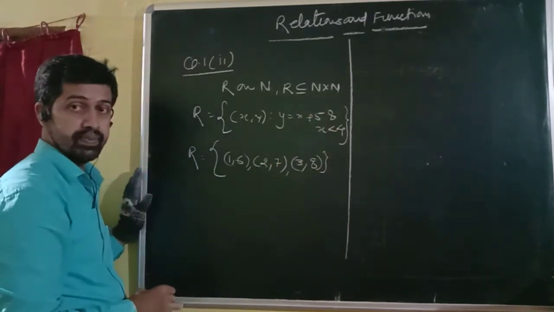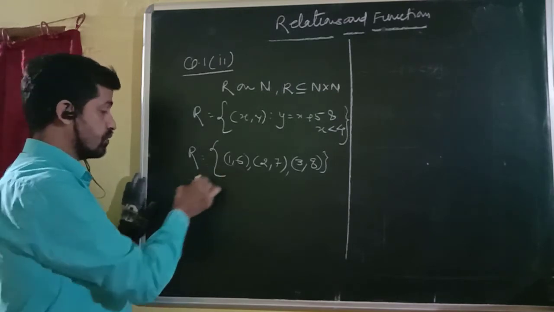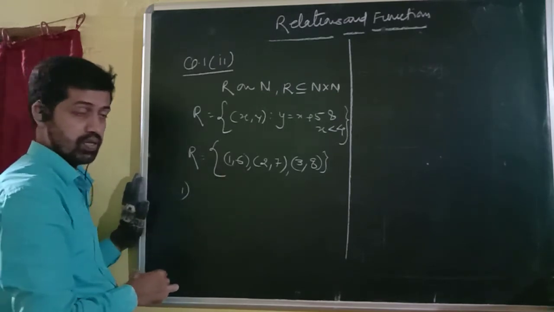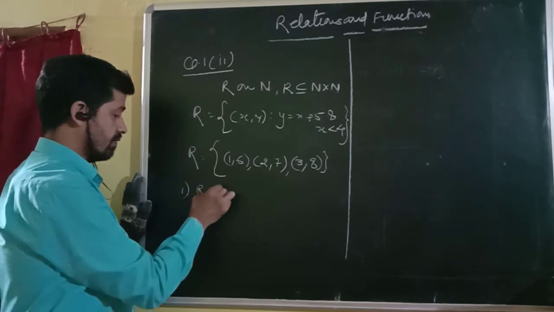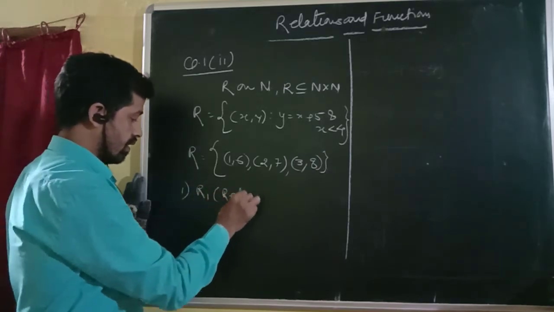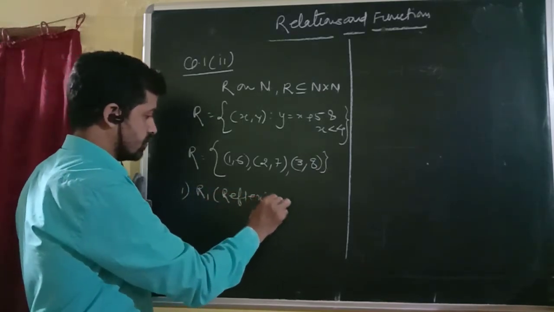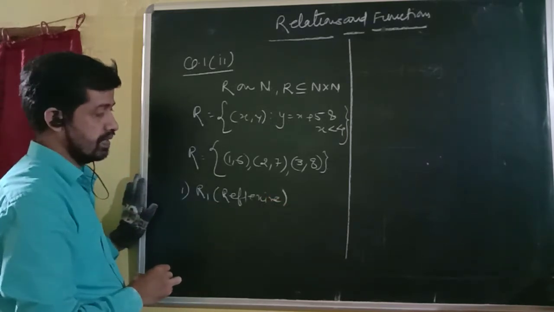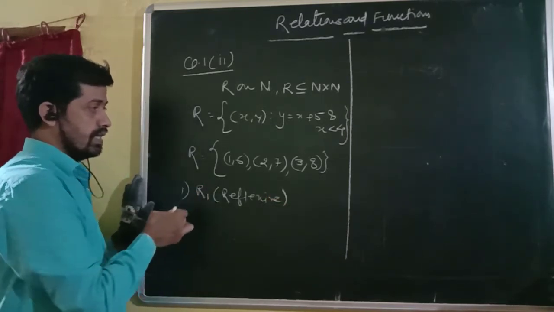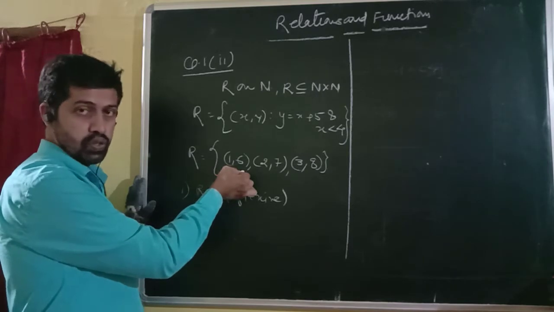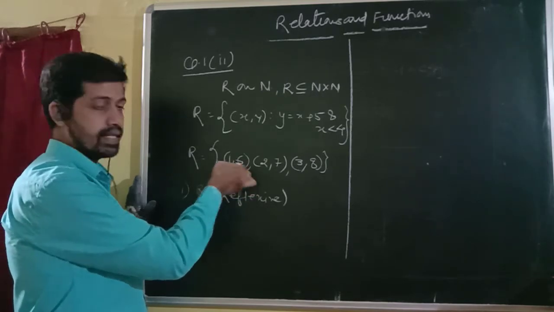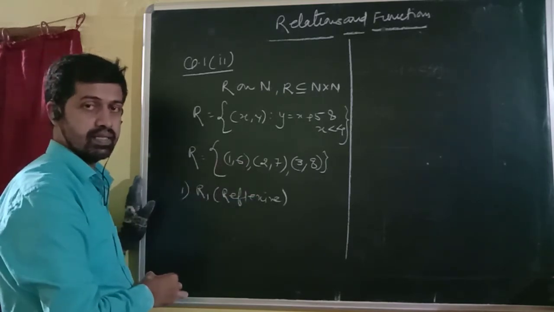This we get. Now we have to check whether it is reflexive or not. First, reflexive relation. It is clear that this relation does not contain identical pairs of elements.